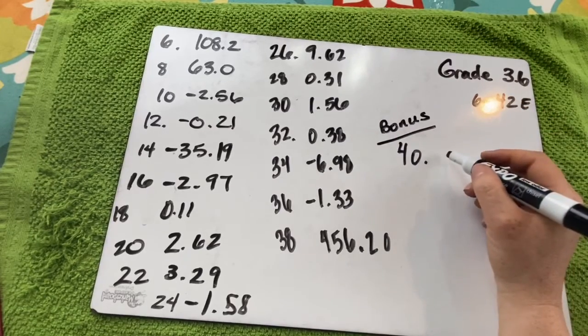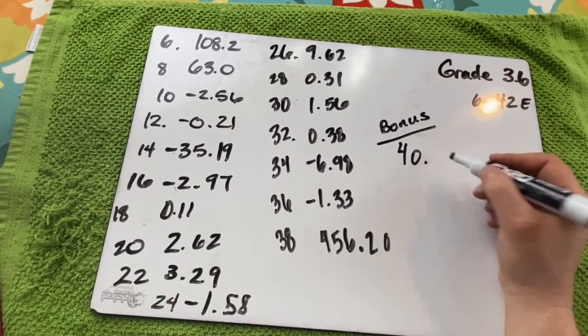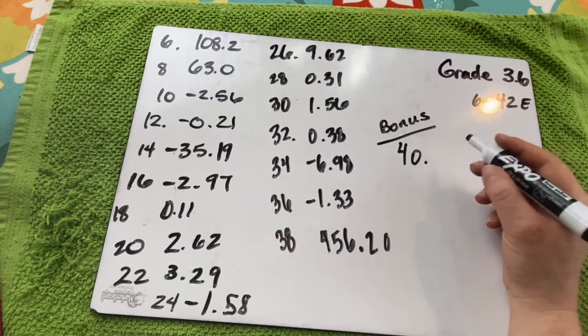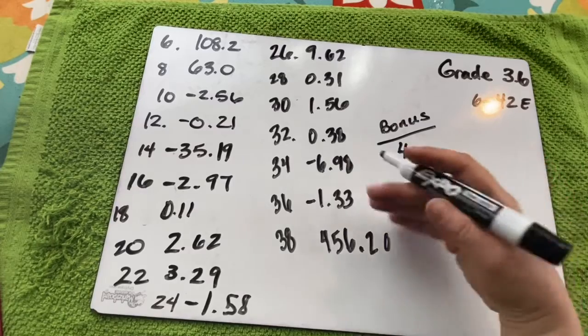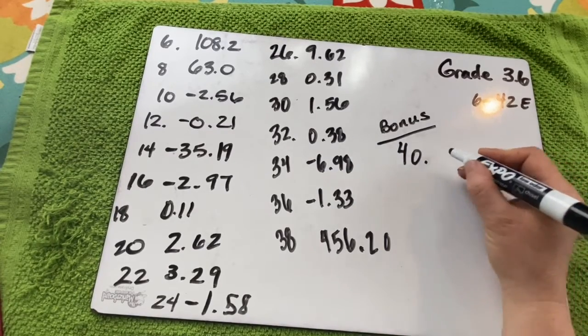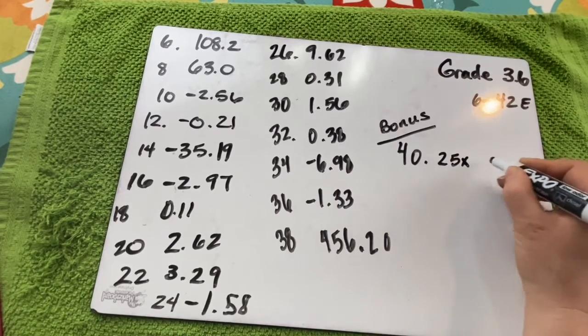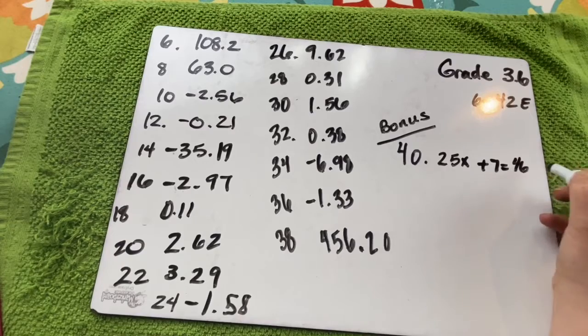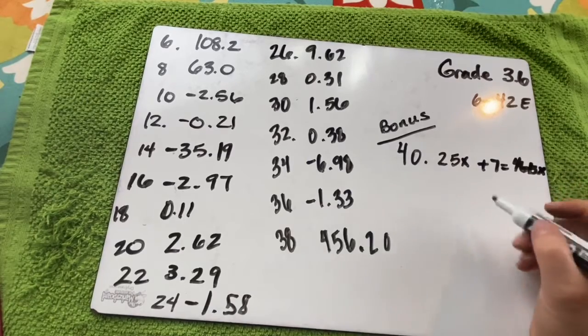If it was too hard, sorry. You're not going to get it wrong, but you should have got, they wanted you to times the whole thing by 10. So this should be 25x plus 7 equals 46 minus 13x.